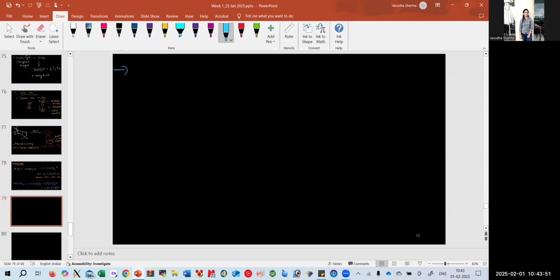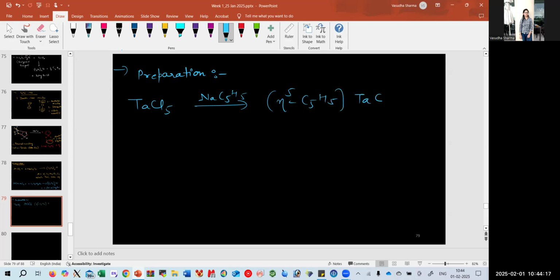Moving ahead with different examples of preparation. Now, if we have tantalum chloride with NaC5H5, it would give you eta 5 C5H5 with tantalum chloride. And again, if you treat with excess amount, what really happens is one molecule is eta 5 C5H5, hapticity is 5, another would be having eta 1.